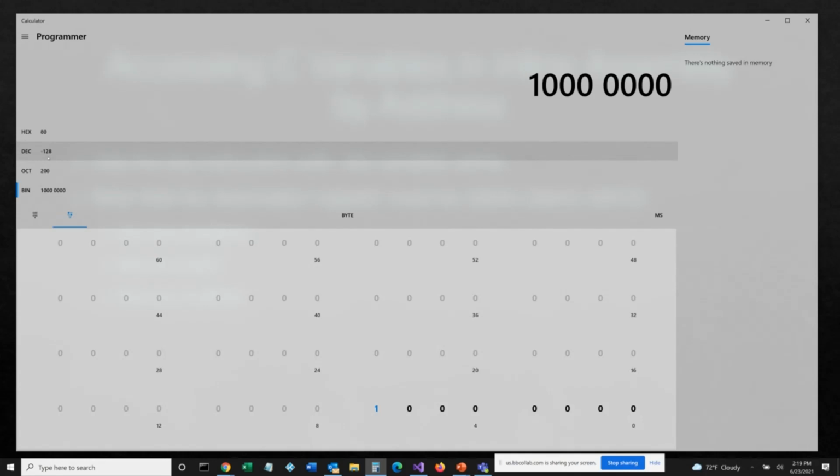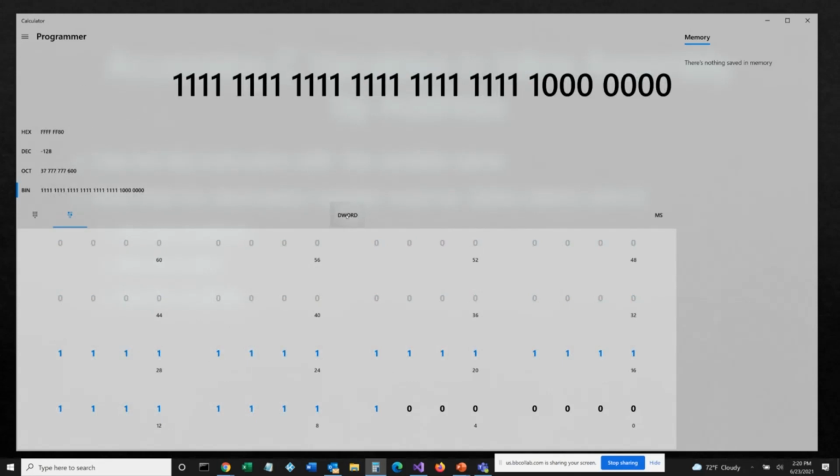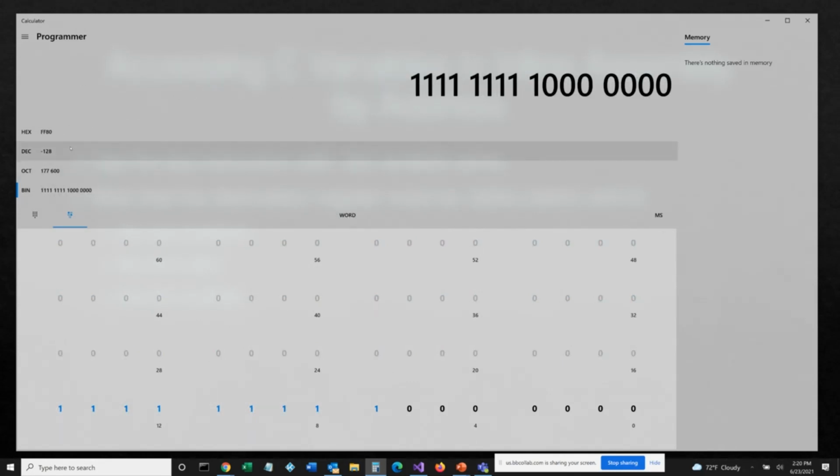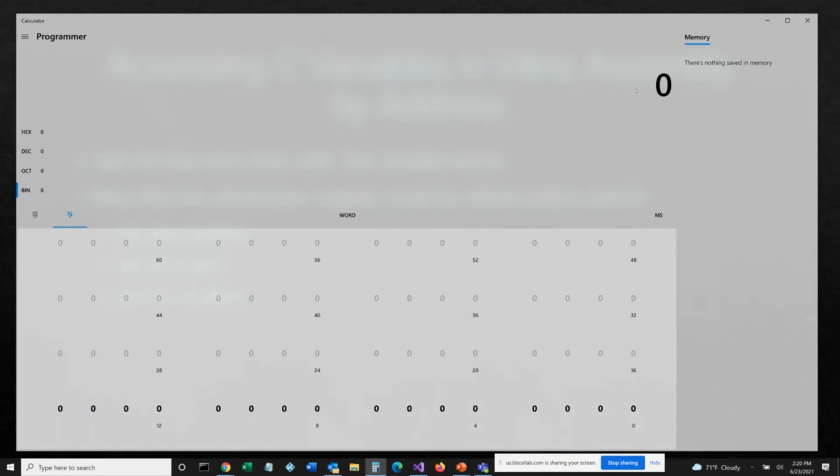So what we're doing is splitting the possible values into 2. The calculator itself is always viewing those binary values as a signed integer value.